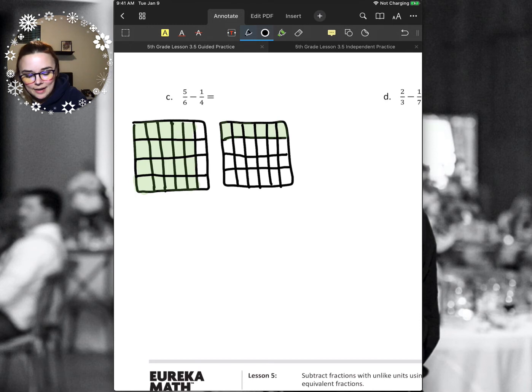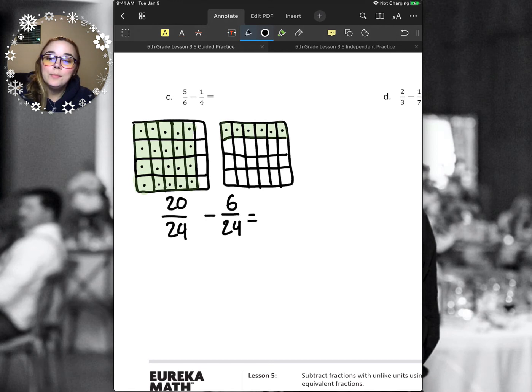So now I have 1, 2, 3, 4, 5, 6, 7, 8, 9, 10, 11, 12, 13, 14, 15, 16, 17, 18, 19, 20 24ths. And we're subtracting 1, 2, 3, 4, 5, 6 24ths.